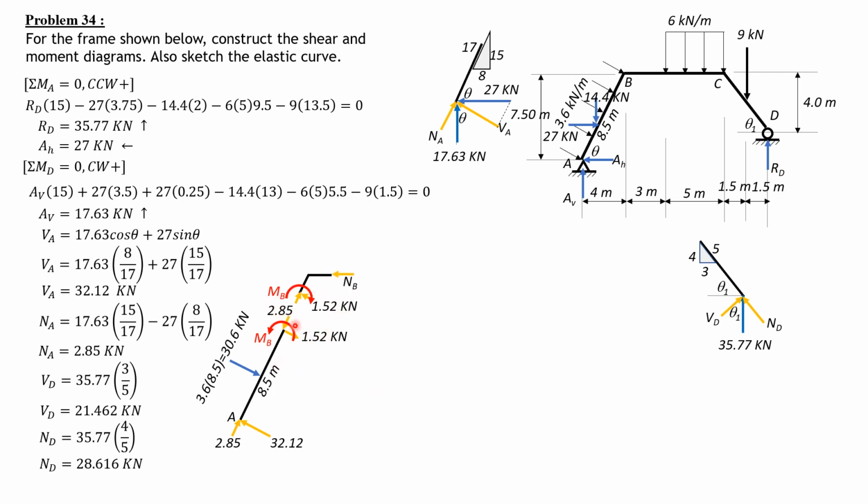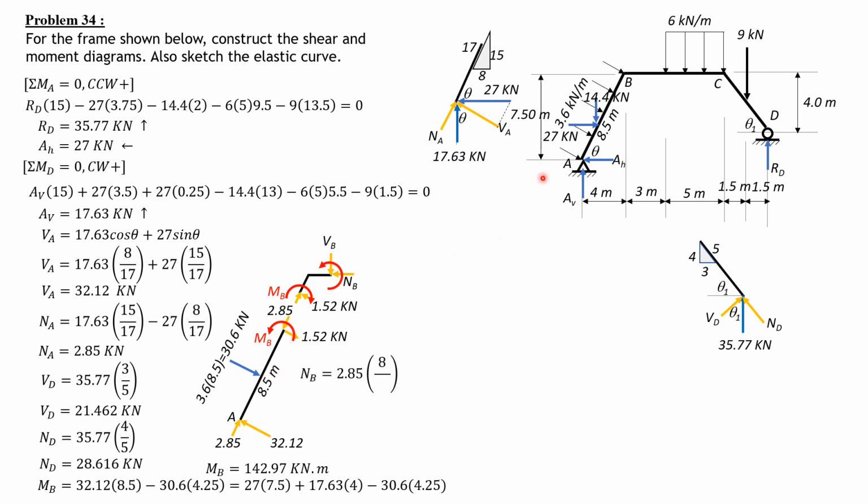So next is clockwise, by the action-reaction principle. Then we have NB here, then going down, shear at B. Then the moment is now counterclockwise because this is clockwise. So the moment at B is either 32.12 times 8.5 minus 30.6 times 4.25, or 27 times 7.5 plus 17.63 times 4, then minus, going back to this load, 30.6 times 4.25. So they are equal. MB is equal to 142.97 kilonewton meters.